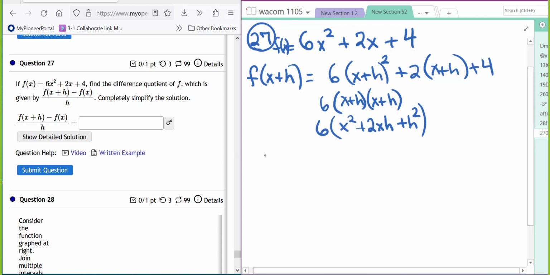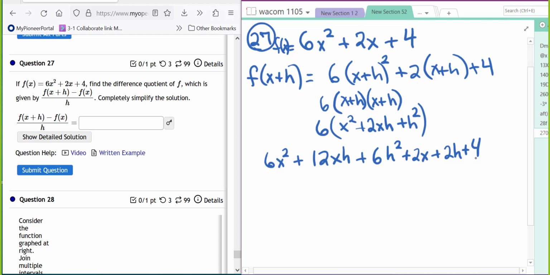And I'm going to back up. So I have 6x squared plus 12xh plus 6h squared, right? Now I'm going to distribute this 2. So I have plus 2x plus 2h plus 4. All right, that's only the first piece, right?